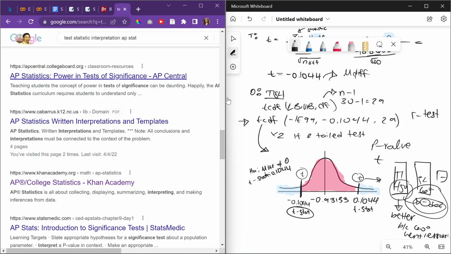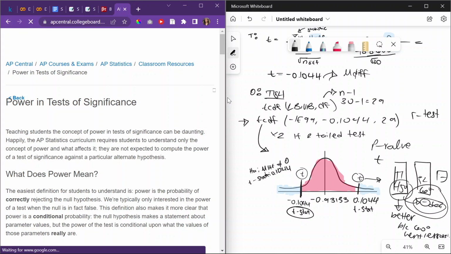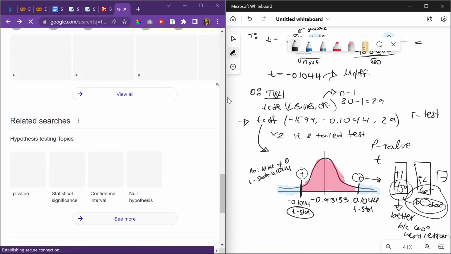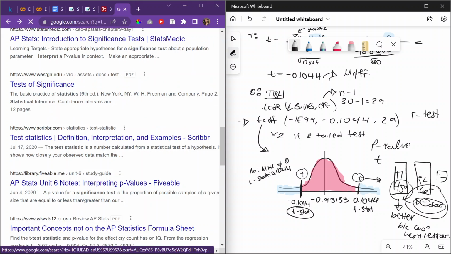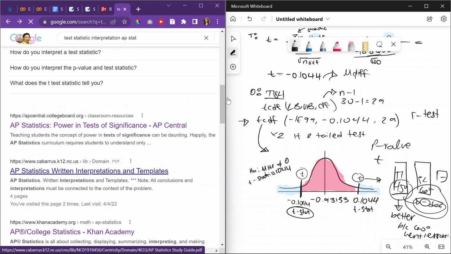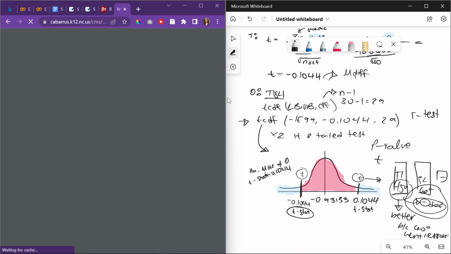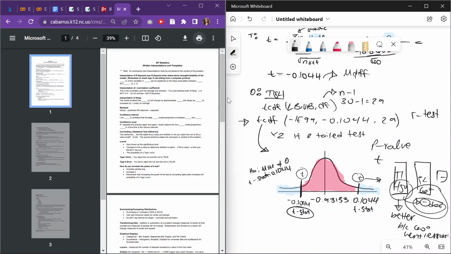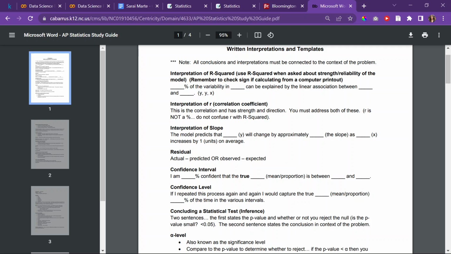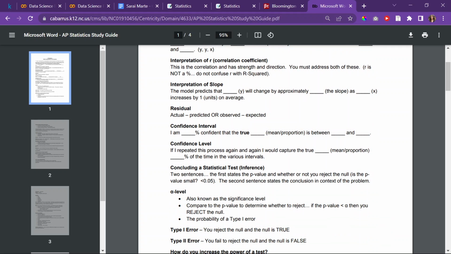It's called that for a reason. Oh wait, let's go to the second link. Okay, so we'll do AP statistics for interpretation templates. Where is the test statistic?